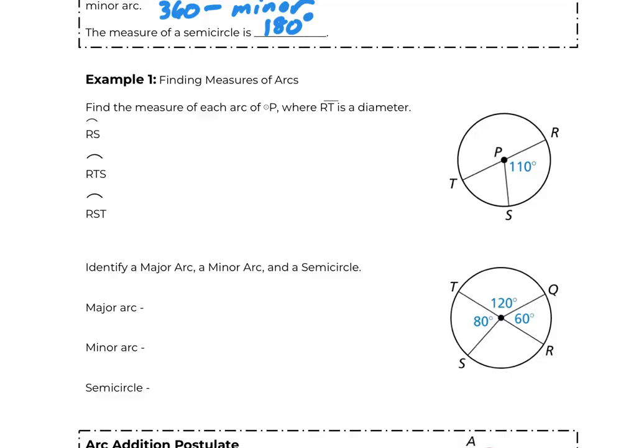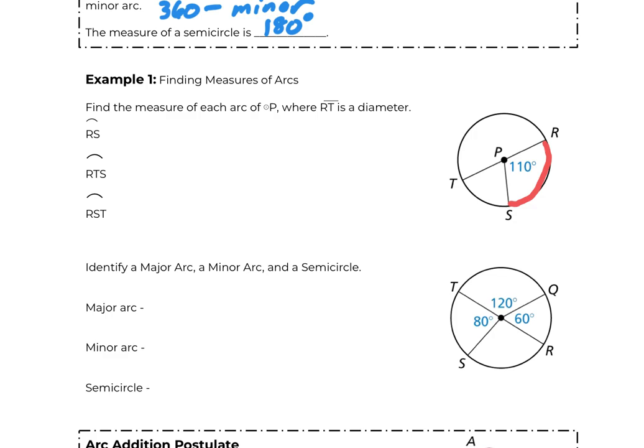Okay, so we have a picture given to us here, and we're going to talk about the different pieces and the different arcs and how to find the angle measure or the arc measure of each one of these, okay? Today, we are not talking about length. Today, we are talking about degrees, okay? How many degrees would this be? So, RS. When I talk about RS, I'm going to start at R, and I'm going to go to S. The short way.